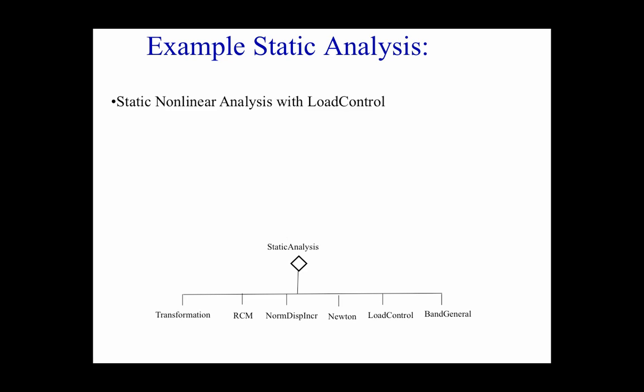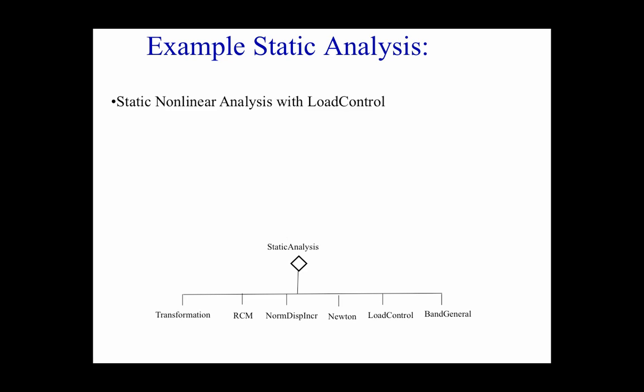So we saw this morning, there is a static analysis with load control. Now that you've seen all these things, you know what all of these mean. Okay? So internally, this is what happens. We've got a static analysis that's composed of our transformation, our reverse Cuthill-McKee, norm displacement increment, Newton load control, and our BandGeneral.